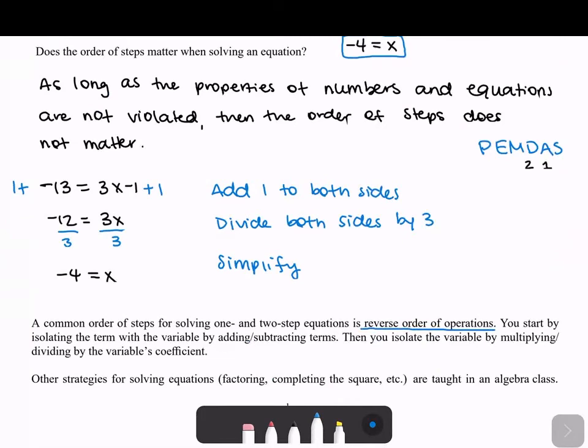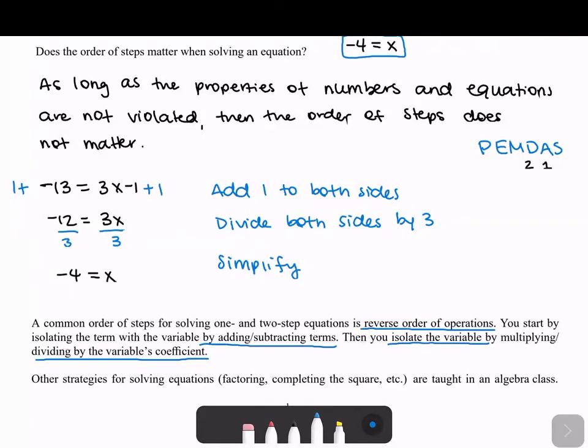Whenever you're trying to isolate x, when we isolate the variable, we start by getting rid of the terms that are adding and subtracting to a multiple of that variable. Then we isolate the variable by multiplying or dividing and getting rid of the coefficient. So in simple equations like this, we get rid of the stuff we're adding or subtracting, and then we get rid of the coefficient by multiplying or dividing.